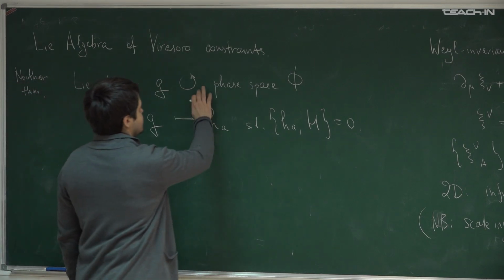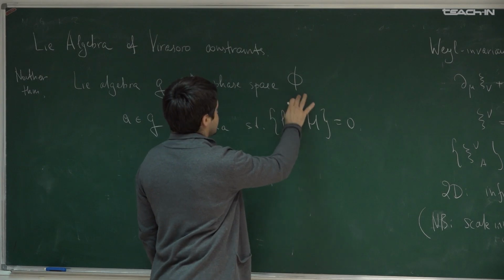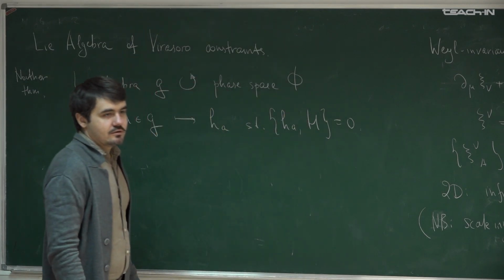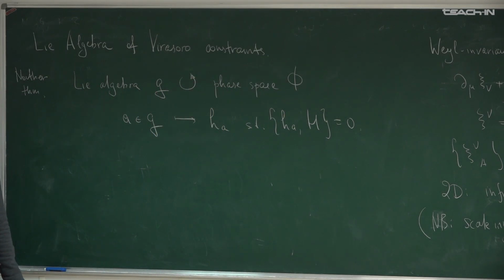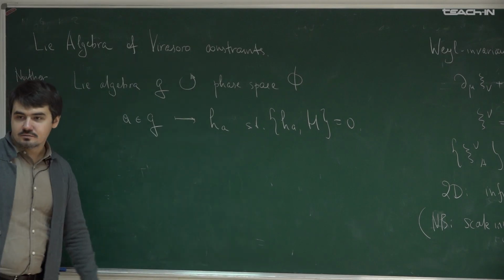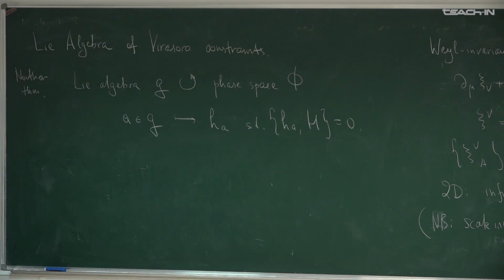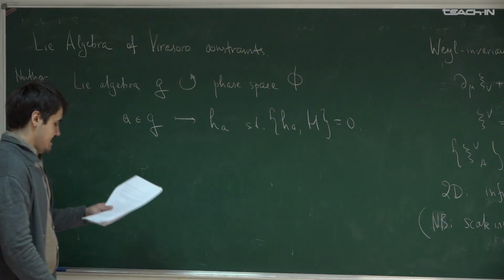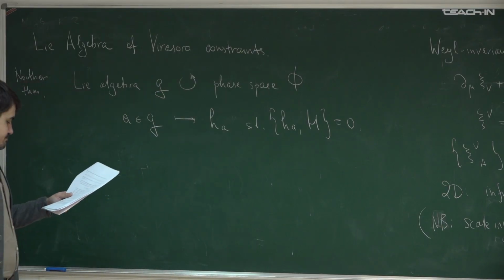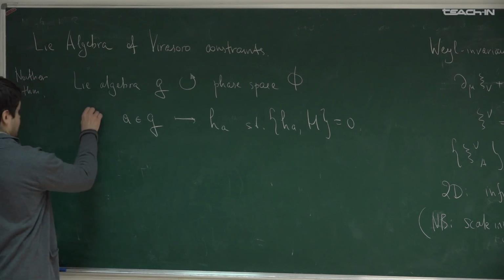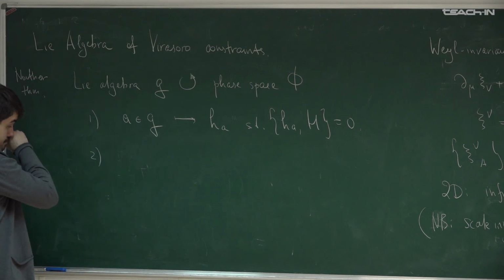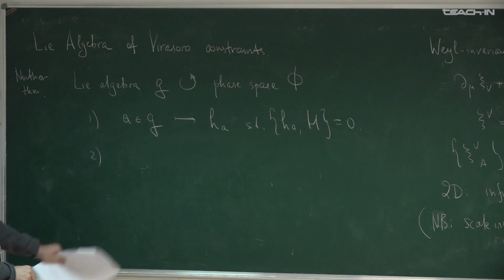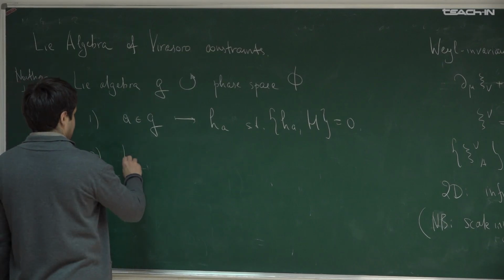The action is a symmetry on phase space, meaning that it preserves all the relevant quantities, which more precisely are the symplectic form and the Hamiltonian. But we'll just assume, at a physical level of rigor, that it preserves all the relevant quantities. The second part is that this map is a Lie algebra homomorphism.